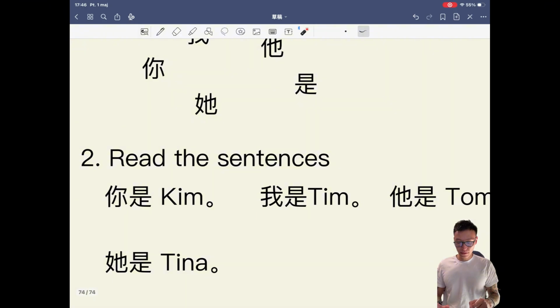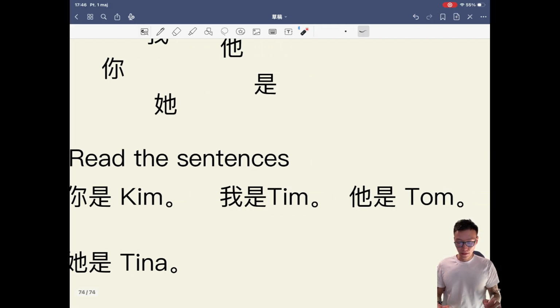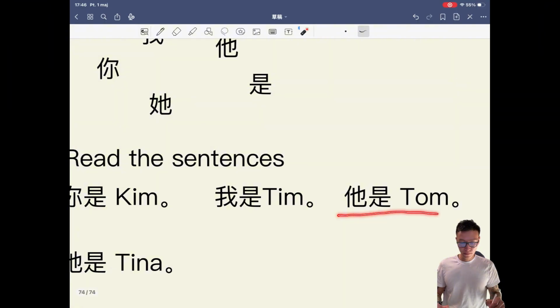Now, 3 seconds for the second sentence. 1, 2, 3. 我是 Tim. 我是 Tim, which means I am Tim. Now let's move on. 3, 2, 1. 他是 Tom. 他是 Tom.